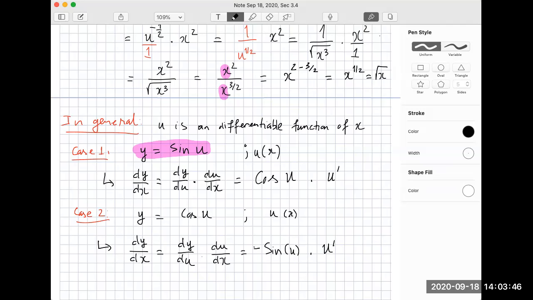They're the same thing. Okay. That is the second case. Another case.